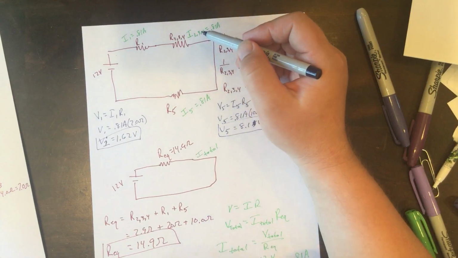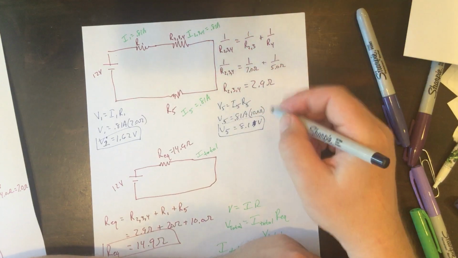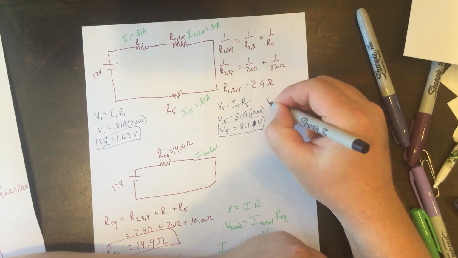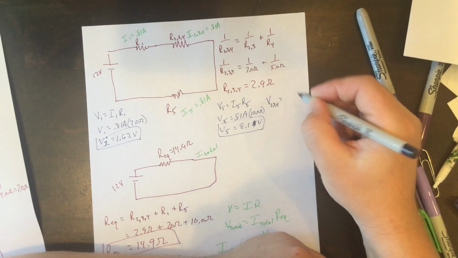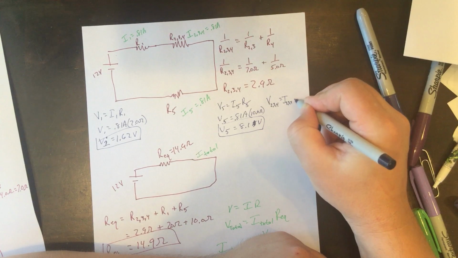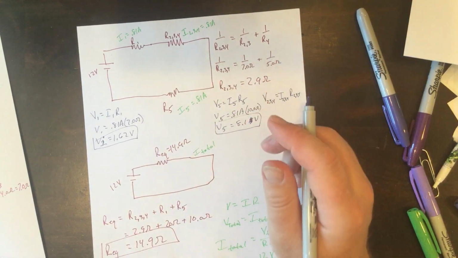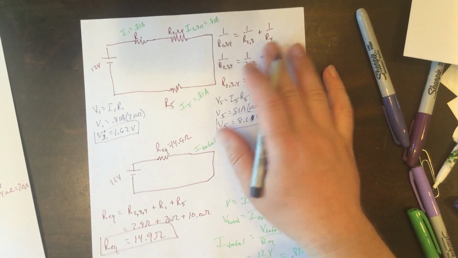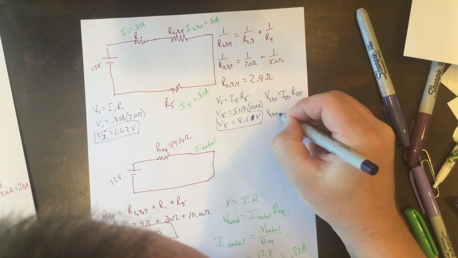So we have to find the voltages, voltage drop for this one together, and we could do that. So V2,3,4 is I2,3,4 times the resistance 2,3,4. Now this is where it gets a little tricky because it's like accounting. You have to make sure all your numbers are in good places and you're looking at the correct ones.